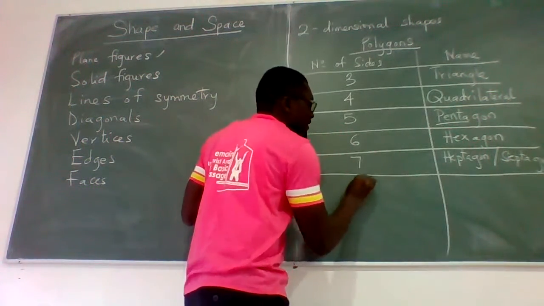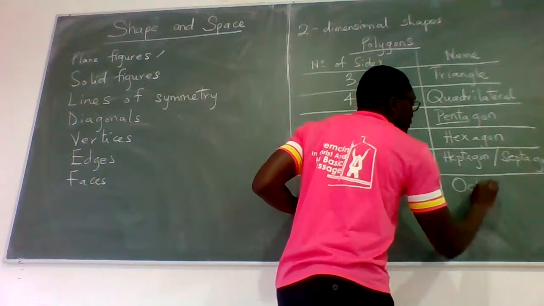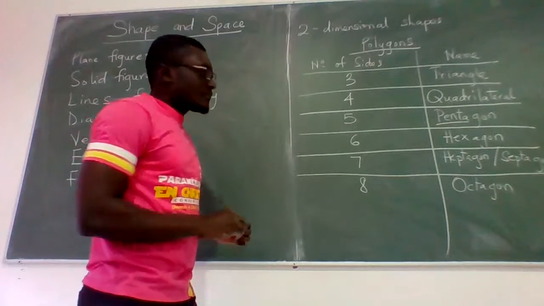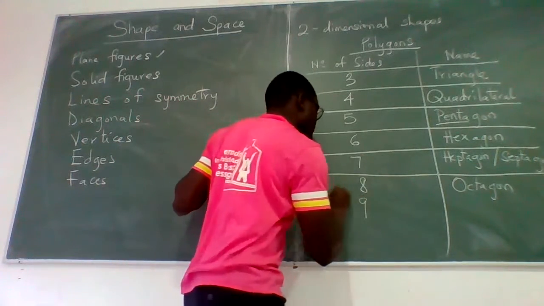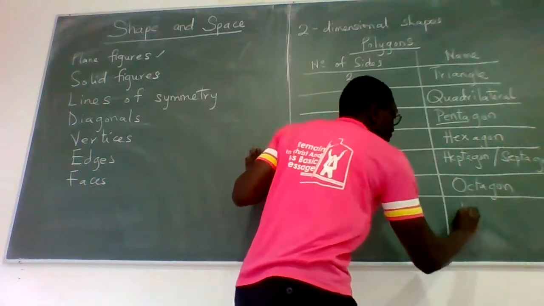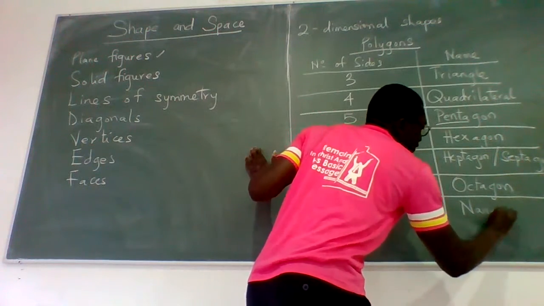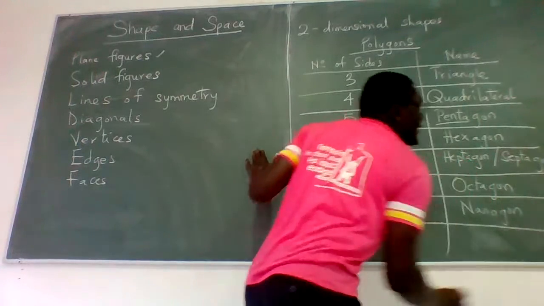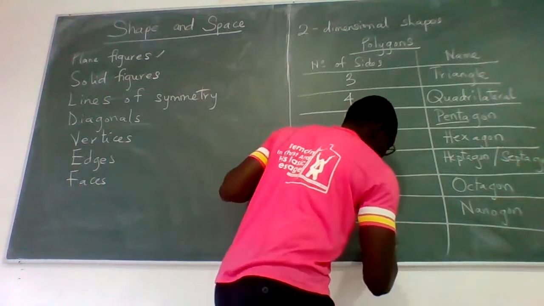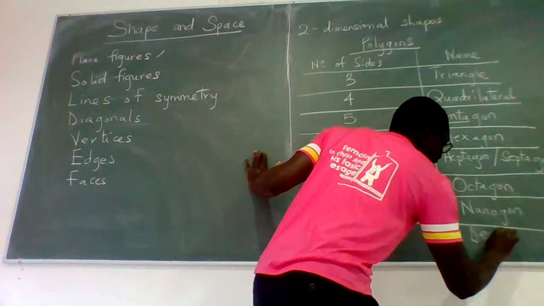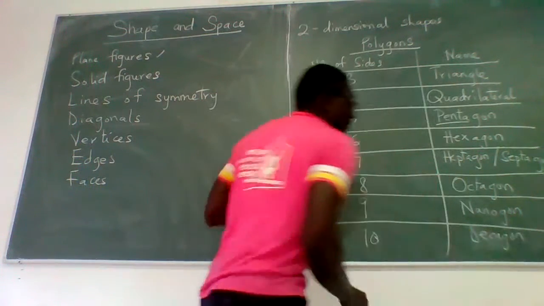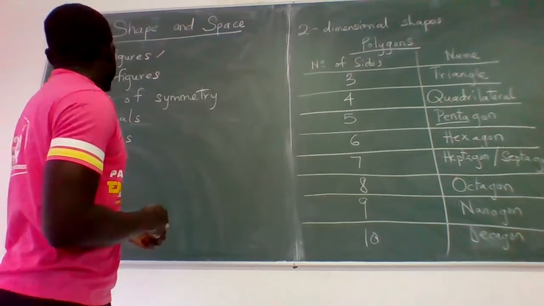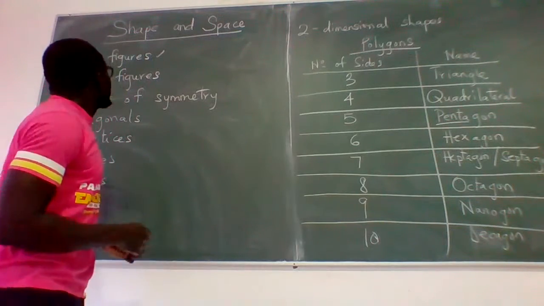For 8, call it the octagon. For 9, we have the nonagon. And then I would like to end this at 10, which is the decagon. But you can find out others and how they are called. Okay.